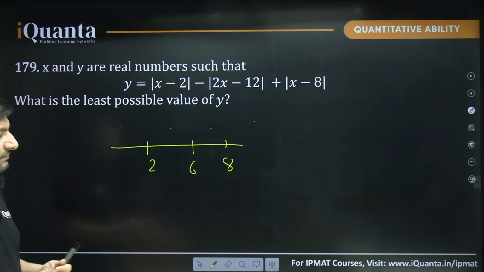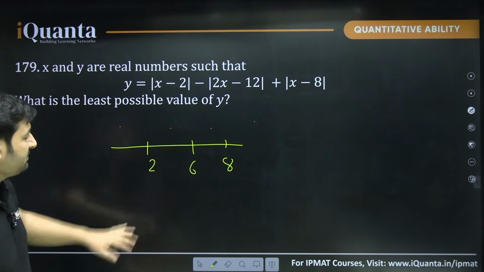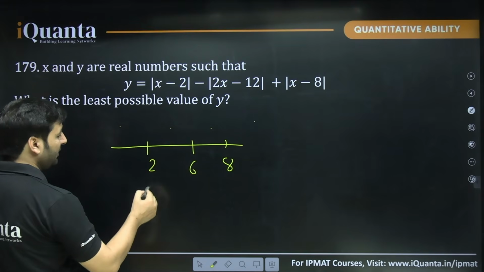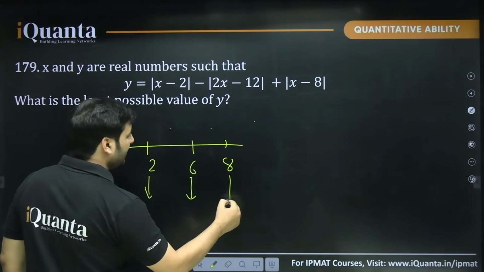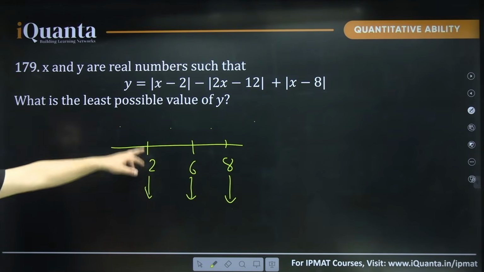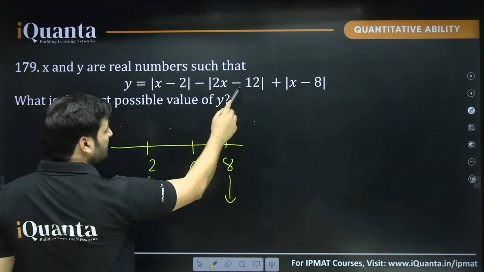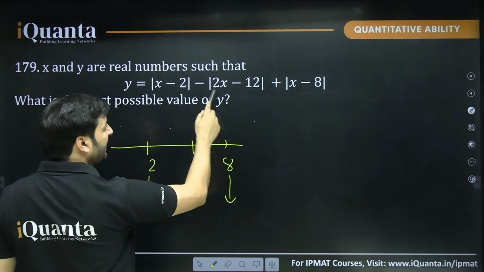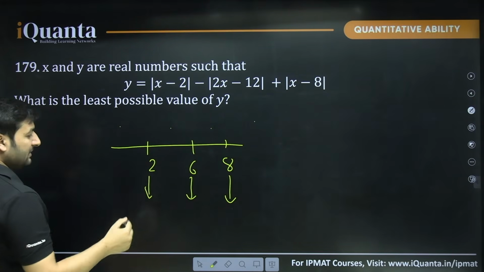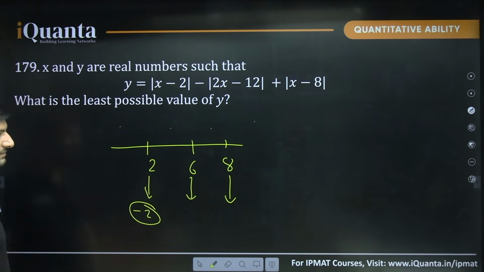Otherwise, what happens here is, if you just pick up the critical points, calculate the value at x equal to 2, at x equal to 6, at x equal to 8. If you put x equal to 2 here, what do you get? 0 minus 4 minus 12, that means minus 8, and 6, that is minus 2, is going to be the value here.